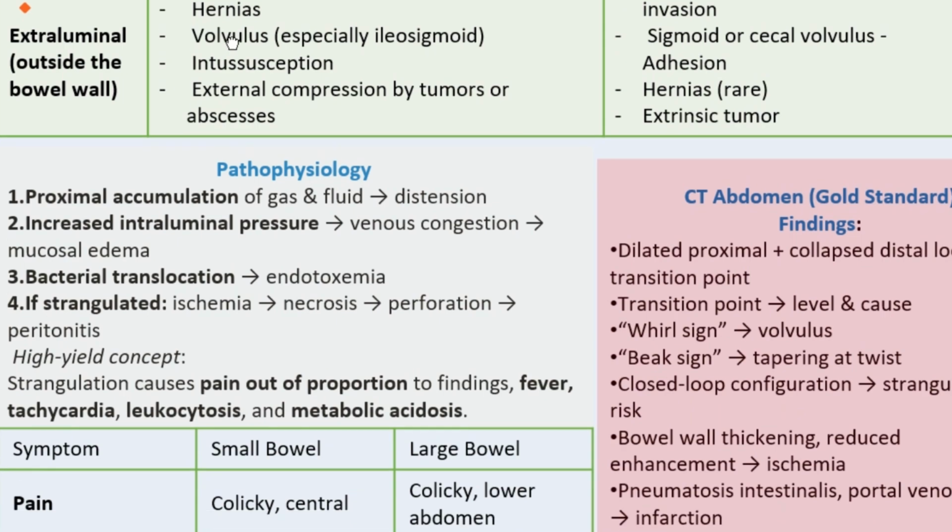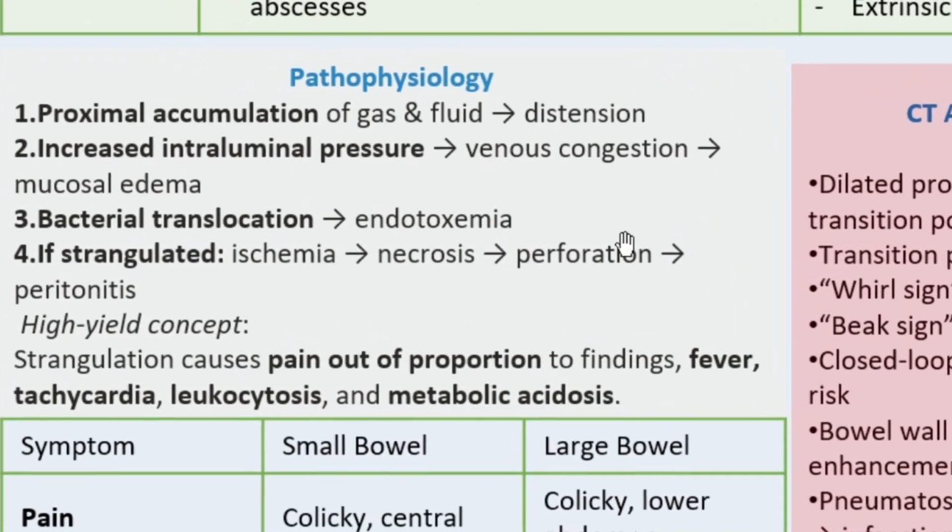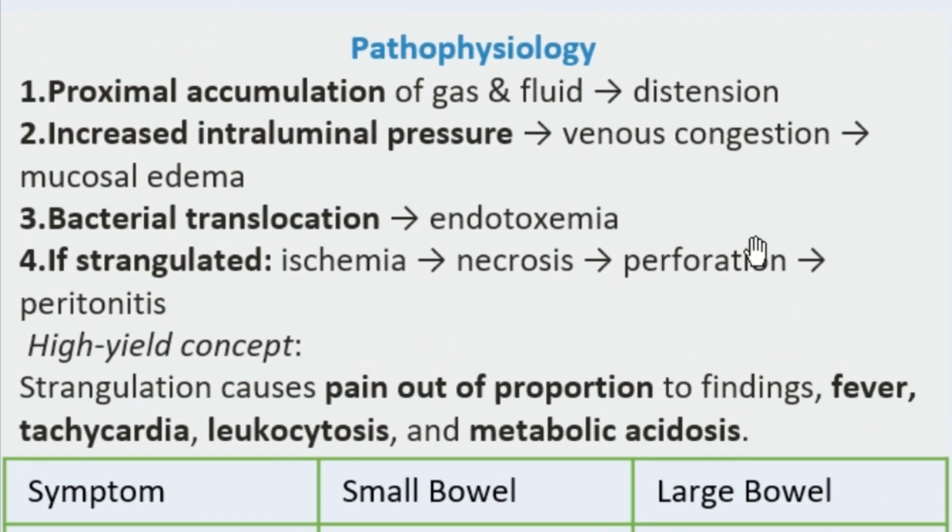So when we go to the pathophysiology, what happens? You are going to have accumulation of gas and fluids, and we are going to have distension, because above the obstruction there is accumulation of gas and fluids. This includes the intestinal juices that are produced, as well as the gas that is swallowed.